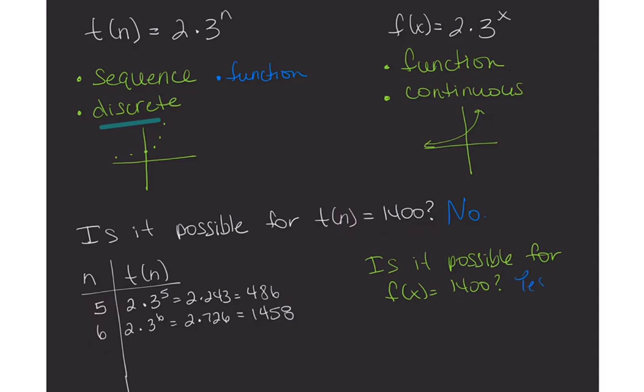This is a yes when it comes to our function, because our function is continuous. So we're going to hit 1400 somewhere between 5 and 6. And with it being a function, that can happen. All right, so I think that's a good enough little lesson for today.